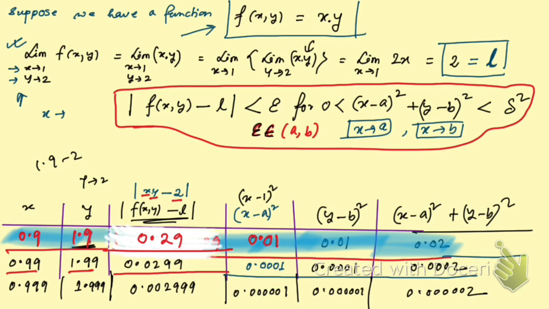This is 0.01, this is 0.01, this is 0.02. Here you can see clearly that this value should be less than epsilon, which belongs to this open interval. That means epsilon is a value between a and b. So now here you can see this clearly.